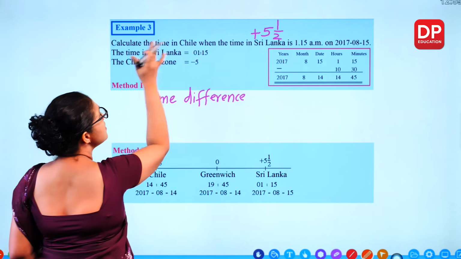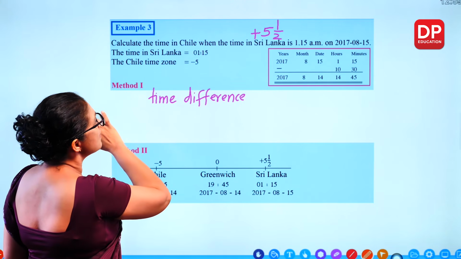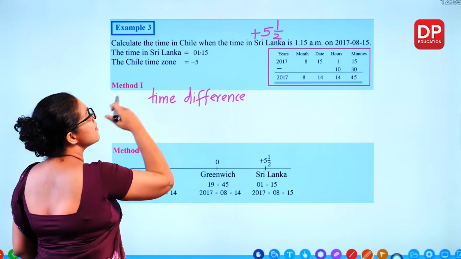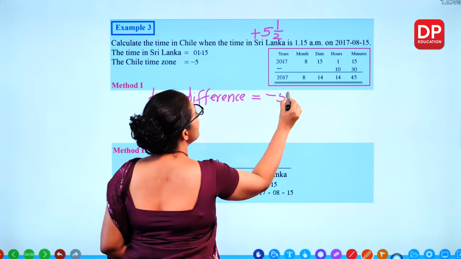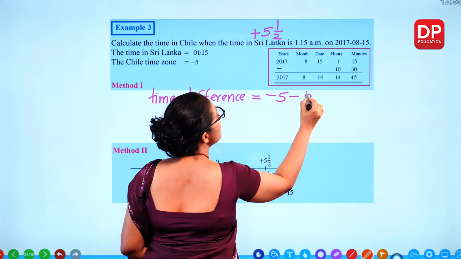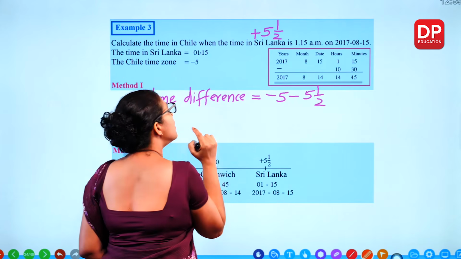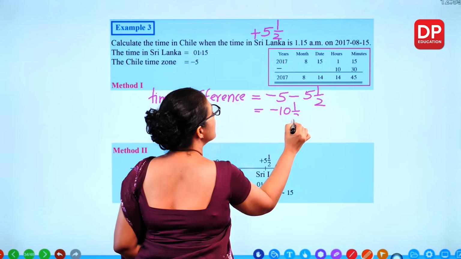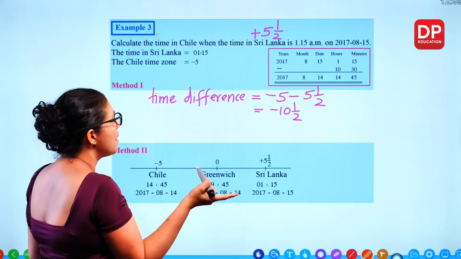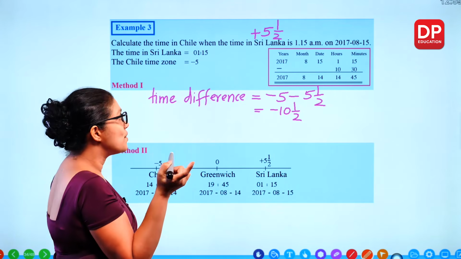So this is towards the left side, west side. That means we have to subtract the time. So minus 5 minus 5.5, you get minus 10.5. So you have to subtract 10.5 hours.